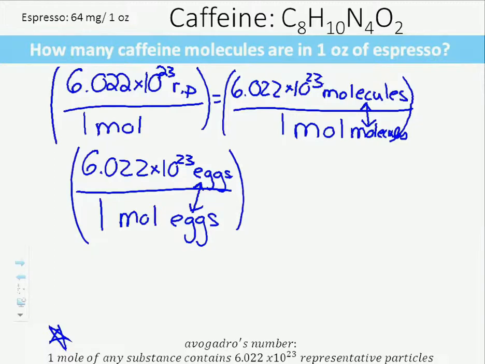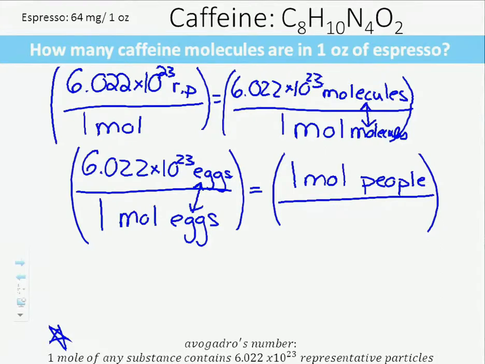You can also write it in reverse. So you can say 1 mole of people would be equivalent to 6.022 times 10 to the 23rd people. So you can really go back and forth with this. The world population's not quite there yet.